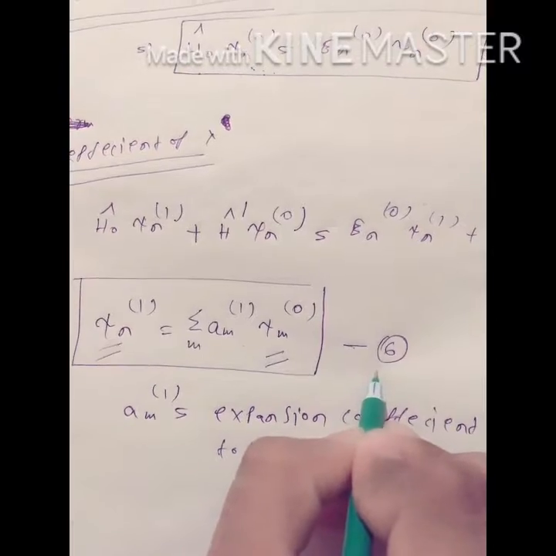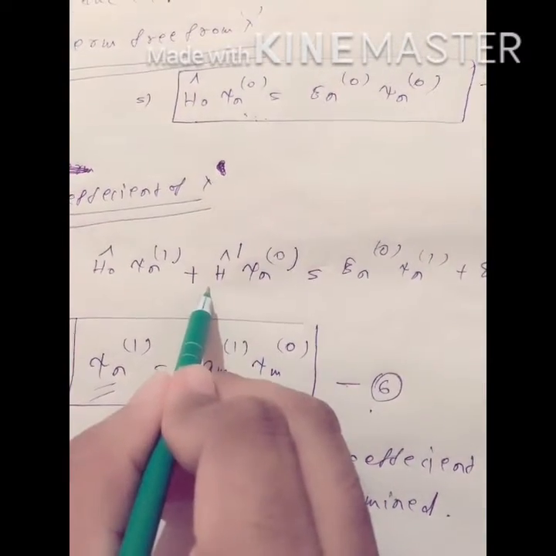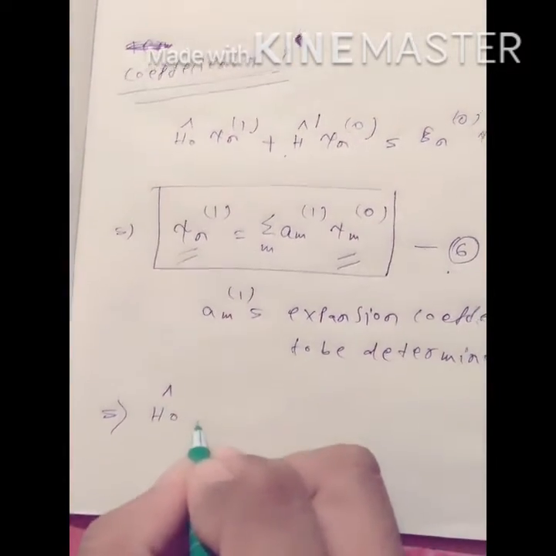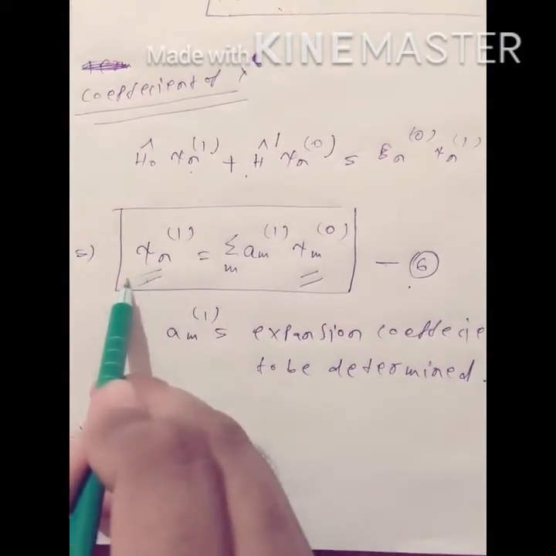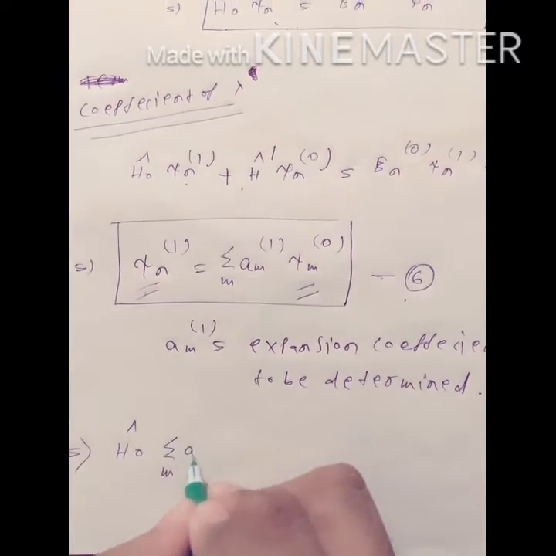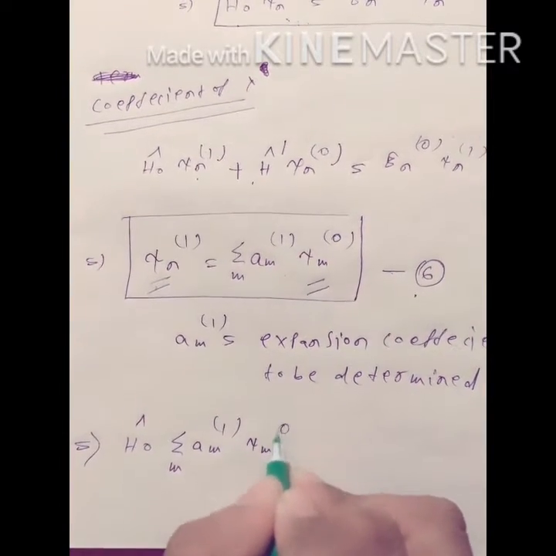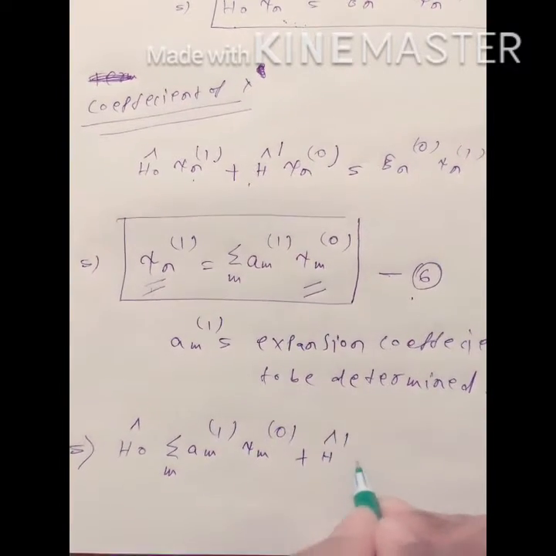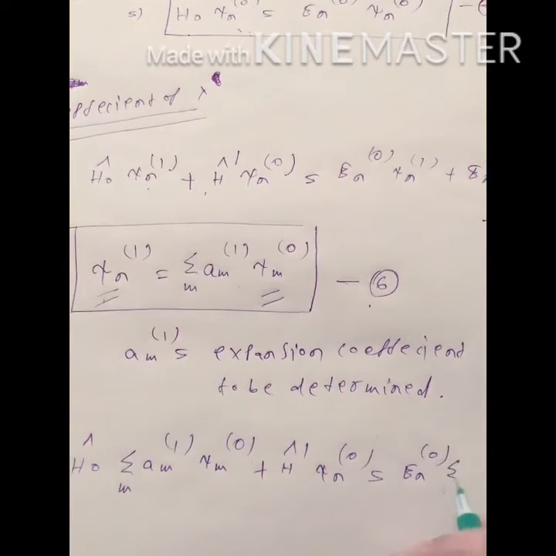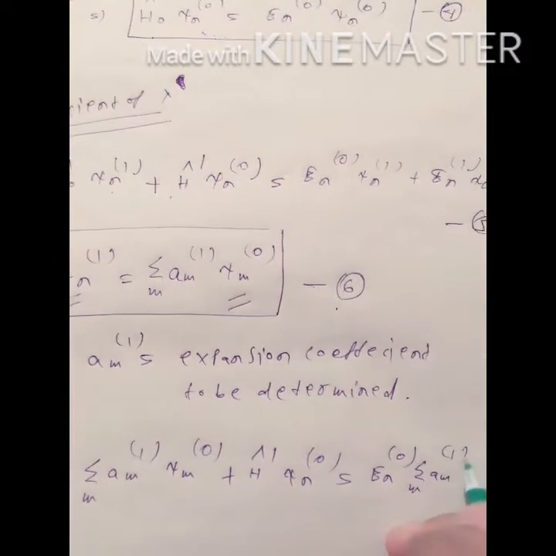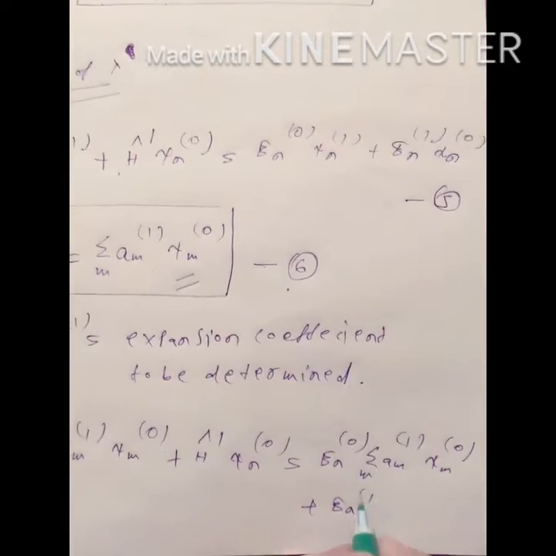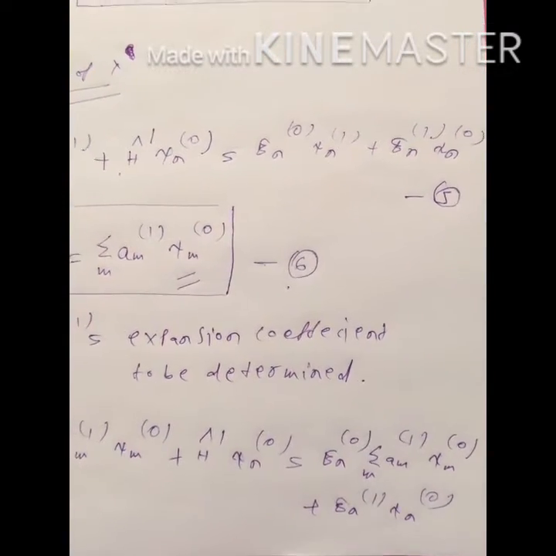So put equation number 6 in the given equation number 5. In place of psi n1 you can put this sum. So H naught, sigma am1 psi m0 plus H prime psi n0 is equal to En0, again sigma am1 psi m0, plus En1 psi n0.